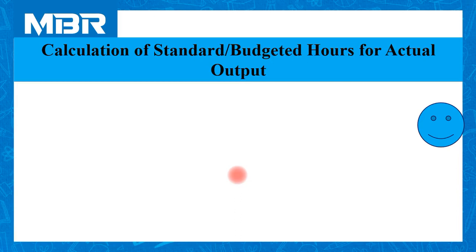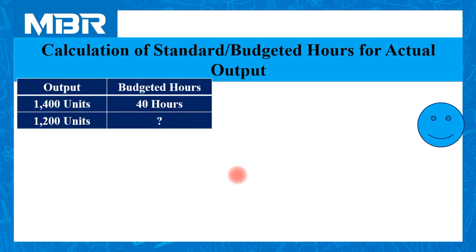It is all about calculation of standard or budgeted hours for actual output. It is simply cross multiplication. Refer to the first line of the question that the company is manufacturing 1400 units in 40 hours. So when output is 1400 units, at that time we need to employ 40 hours.